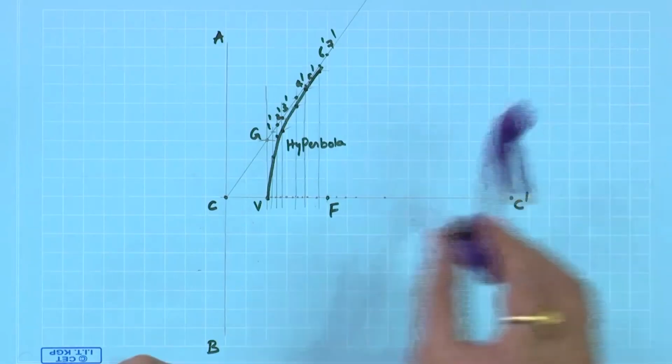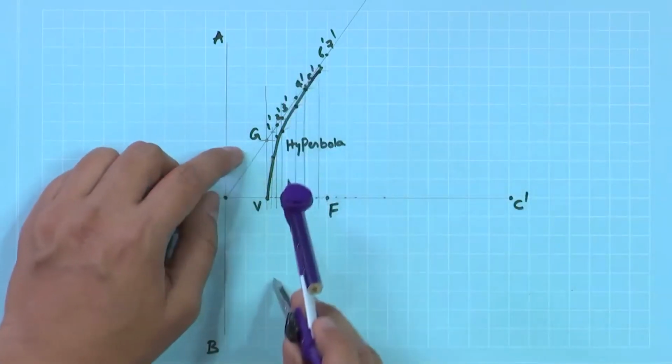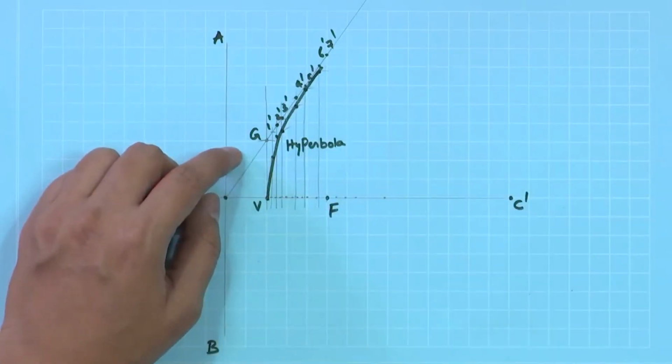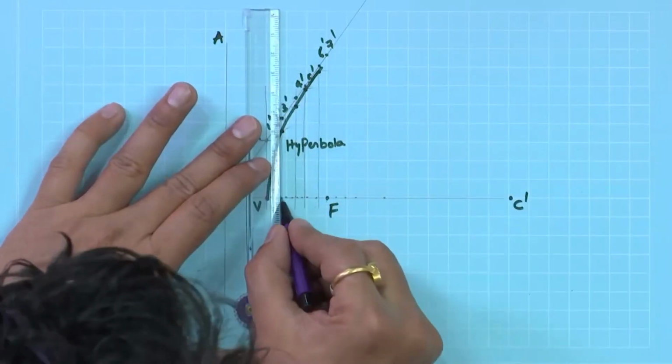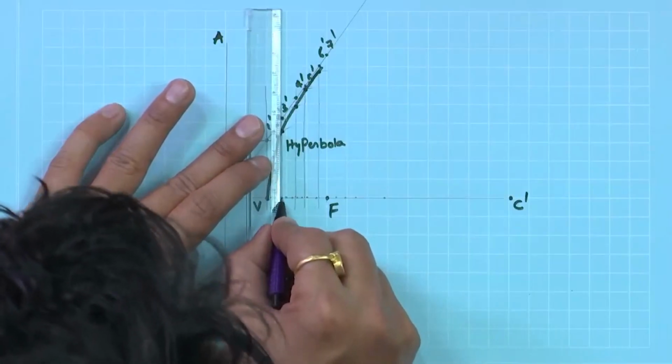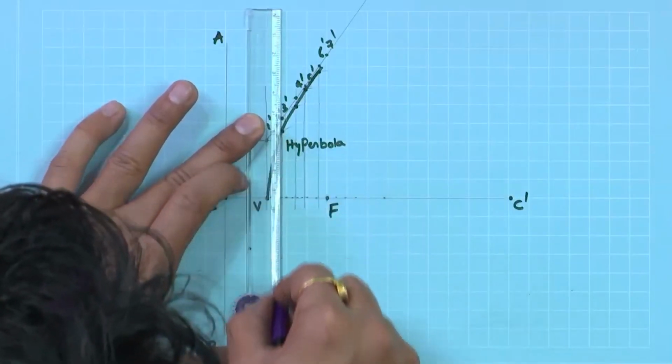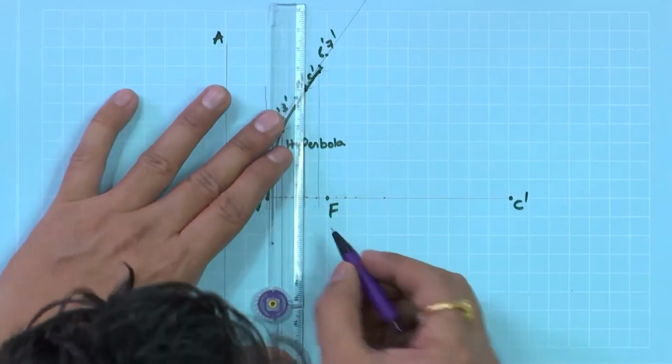With the same lengths, extending these lines all the way down, one will be in a position to construct the rest. For example, let us pick this one, and similarly, pick this line.